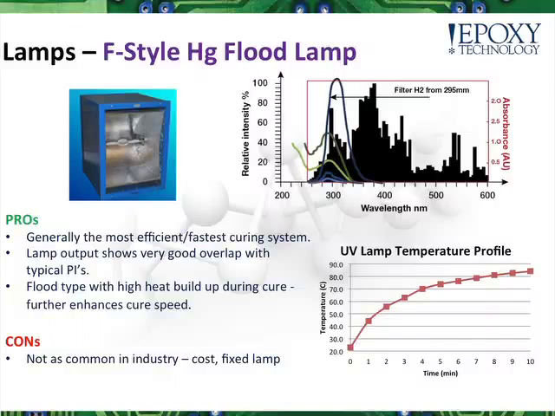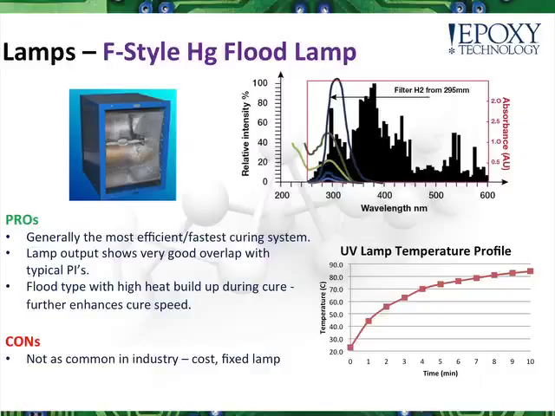Now into the different types of lamps specifically, some of their pros and cons. The first here is the F-type or iron-doped mercury flood lamp. This is one of the most efficient, fastest curing lamps we see with most of our products.